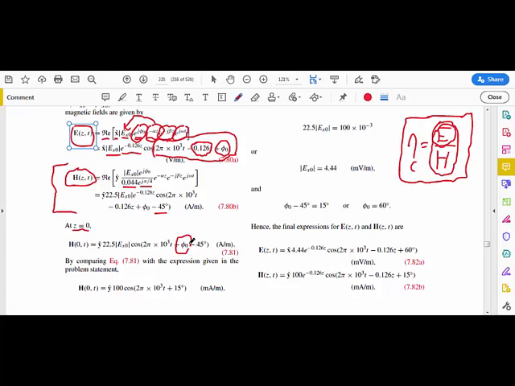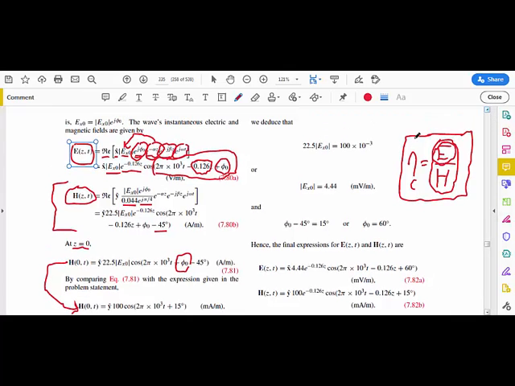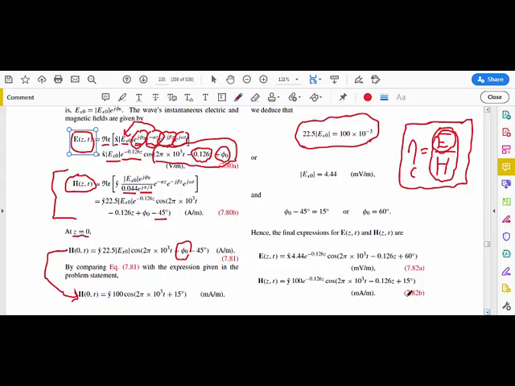So by comparing this with what is given in the question, we could first find the magnitude. 22.5 multiplied by Ex naught is equal to 100. Here we have ampere per meter, here we have milliampere per meter, so we need to equalize the units.